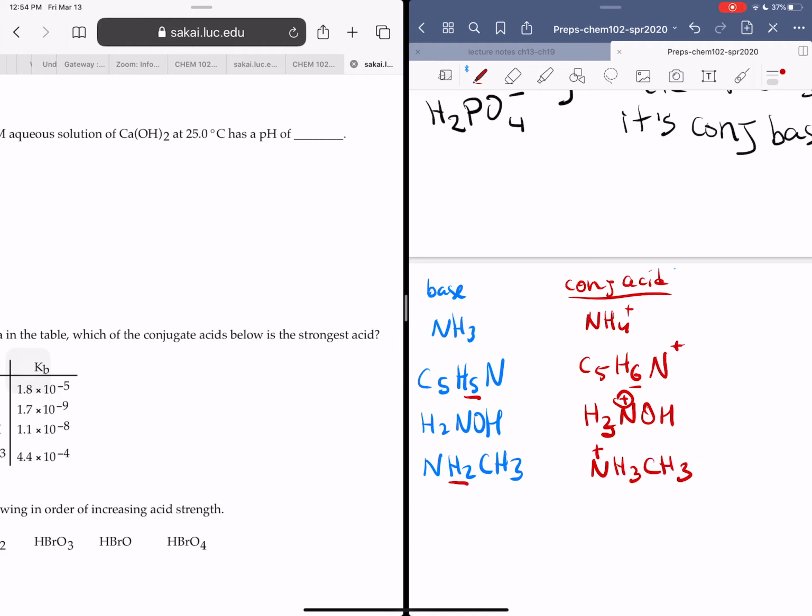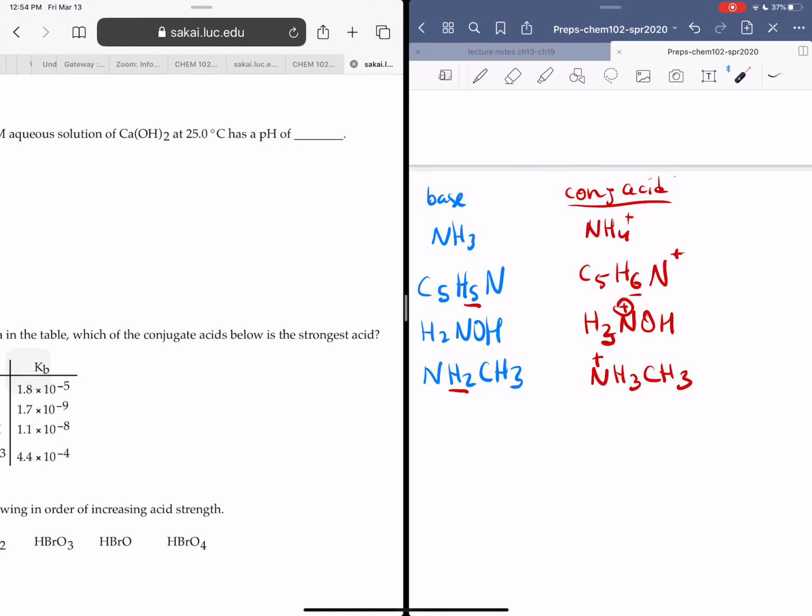You will understand in organic chemistry where to put the hydrogen. For this class it's not really important, but the hydrogen has to be added as close as possible to the nitrogen.